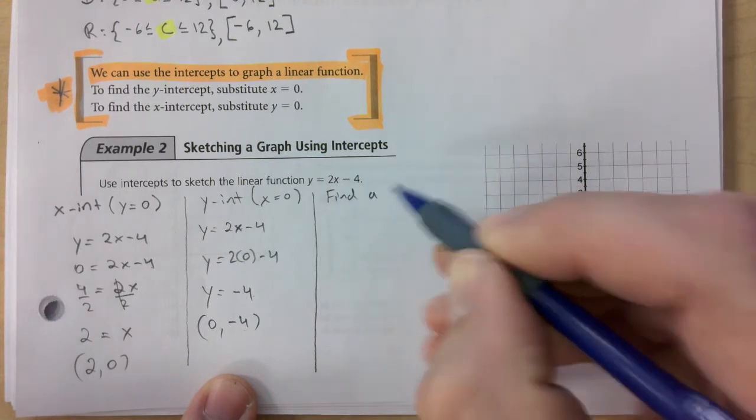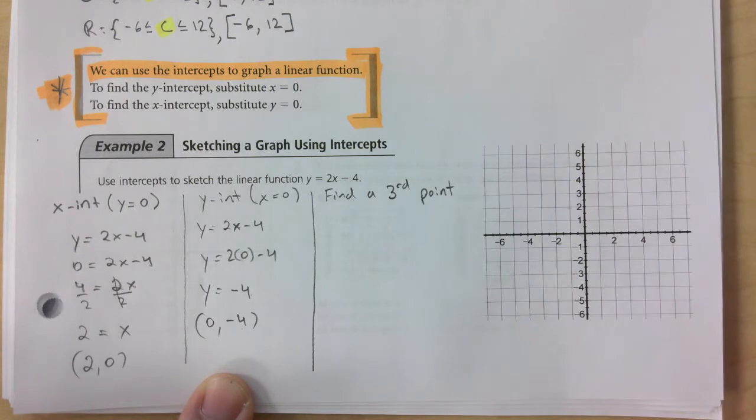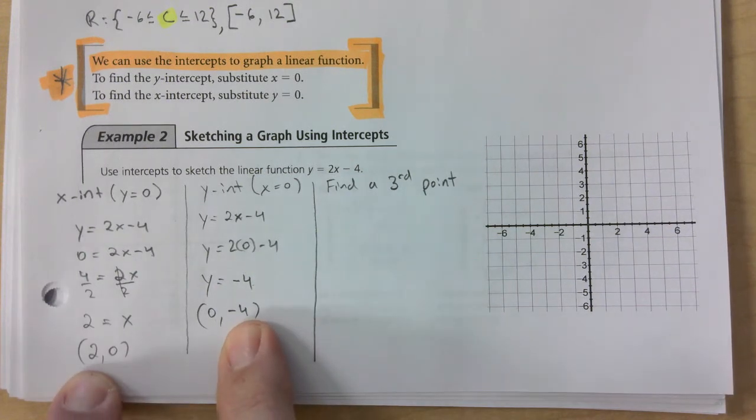Find a third point. I want you to find a third point. And it's really your choice. Okay. You can choose how you want to do this. Sometimes this helps students if I tell them, put these two down already on the grid and then choose something in between.